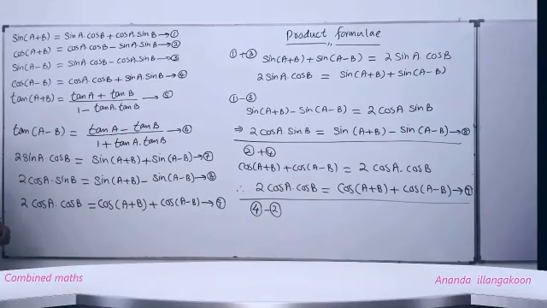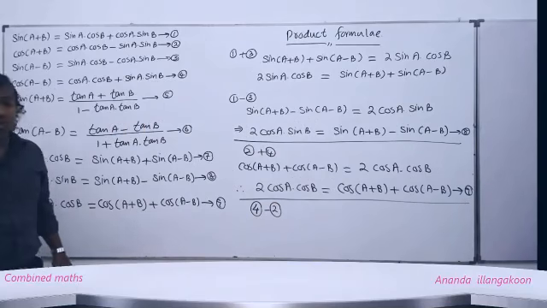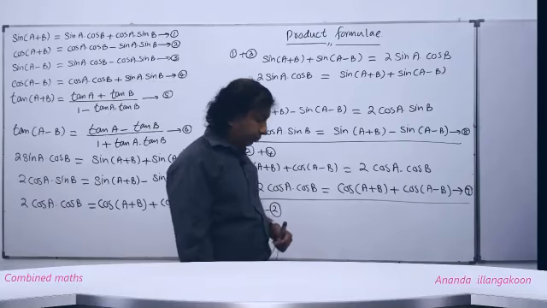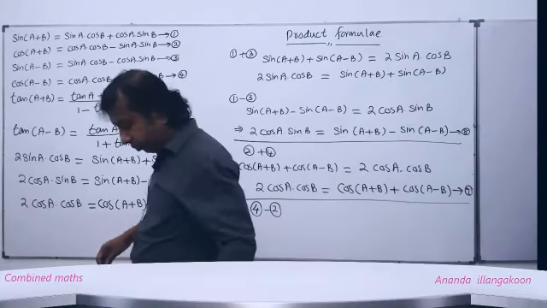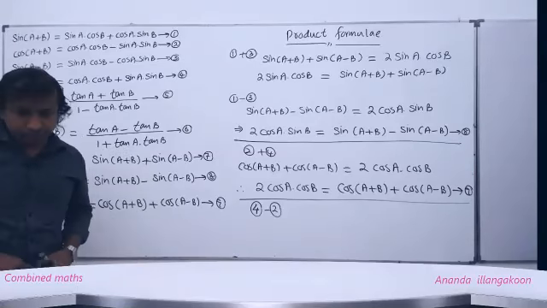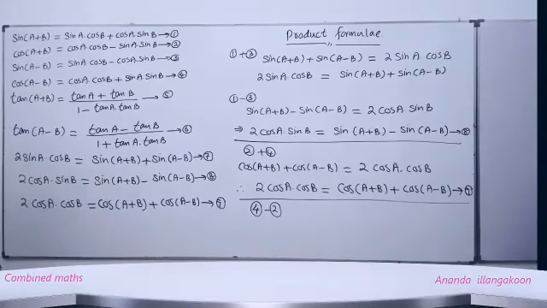Then we get the 10th formula. 4 minus 2, people. What do you get? Cos A minus B minus cos A plus B on the left hand side.